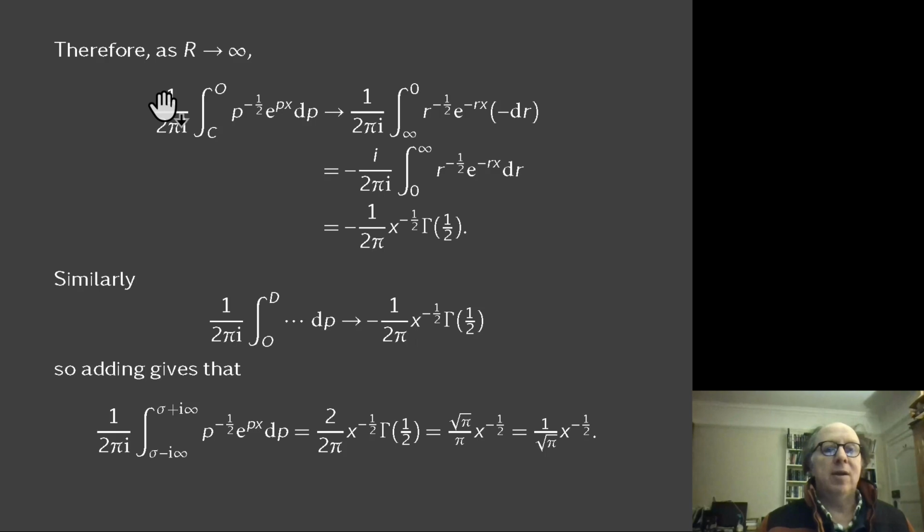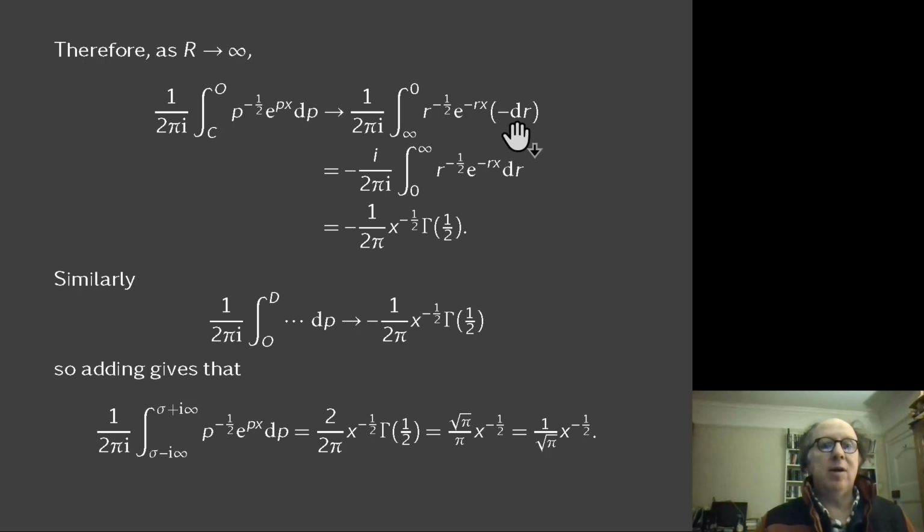And so when you let r tend to infinity, the integral from C to O becomes the integral from infinity to 0 of r to the minus a half, and then p is equal to minus r, so you get minus e to the minus rx times, and you'll notice that that is exponentially decaying, good.